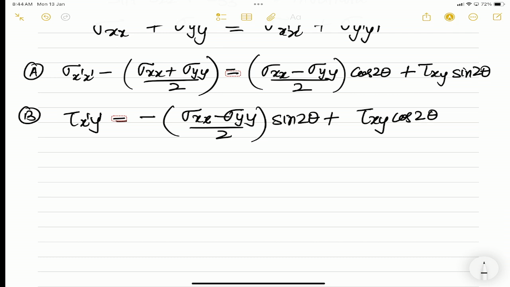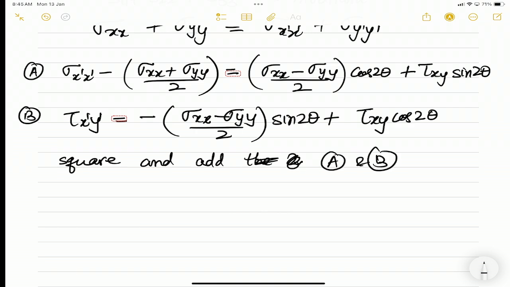Now what I can do is I square and add A and B.